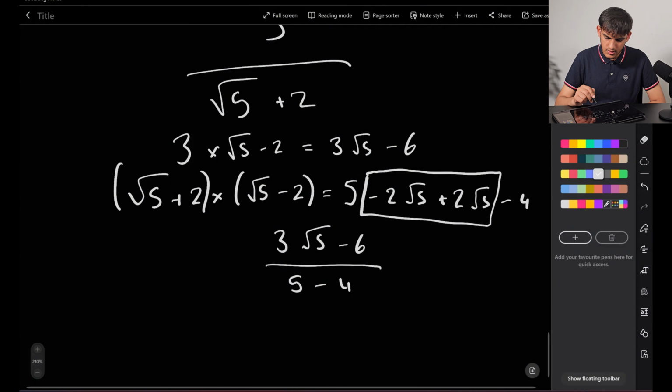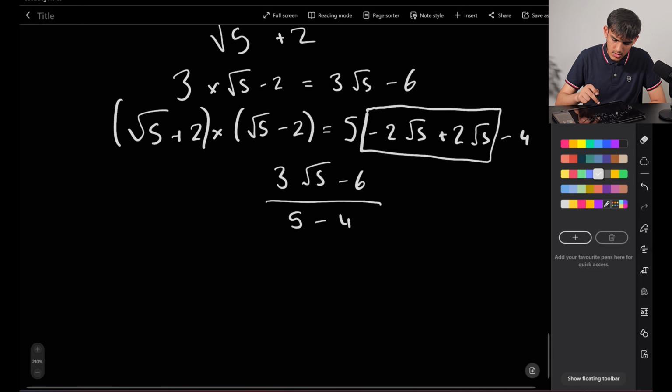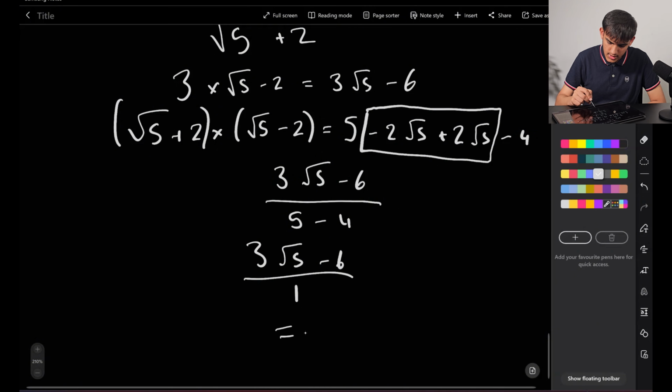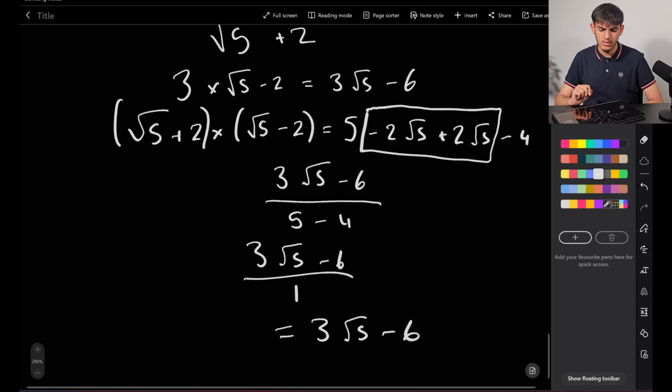So obviously you know that the bottom 5 minus 4 equals 1, so you're going to get 3 root 5 minus 6 over 1, which obviously we know is just going to equal 3 root 5 minus 6. And there we go, we've rationalized the denominator.